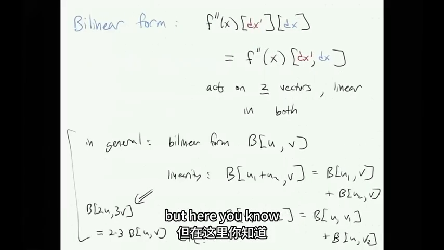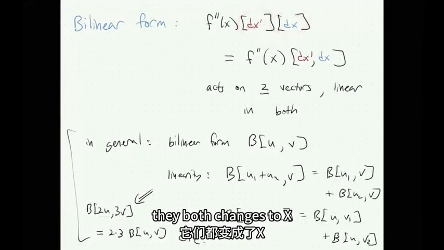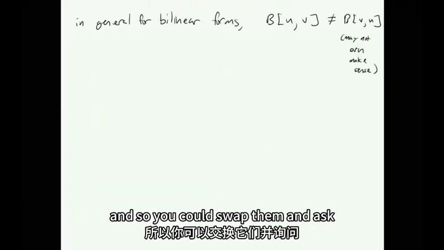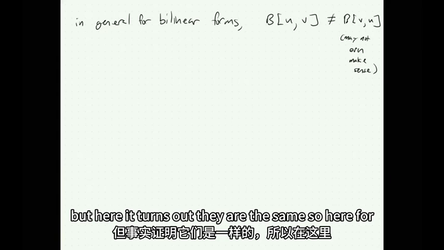But here, dx and dx prime clearly live in the same vector space. They're both changes to x. And so you could swap them and ask, what's the change? And here it turns out they are the same.